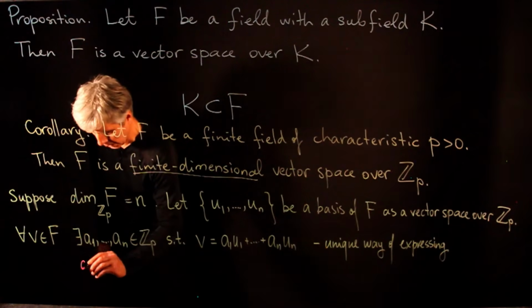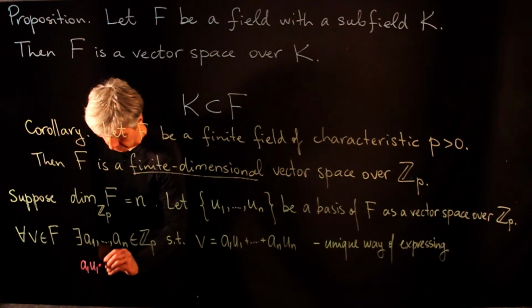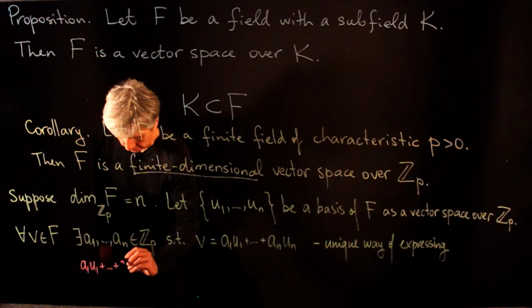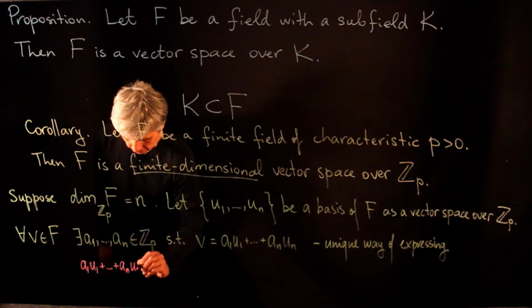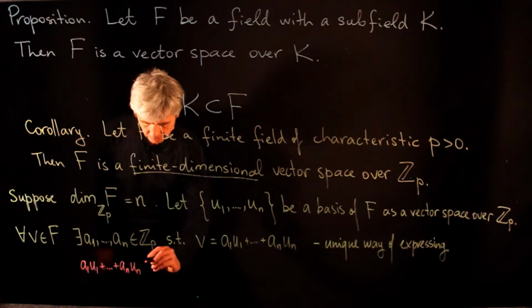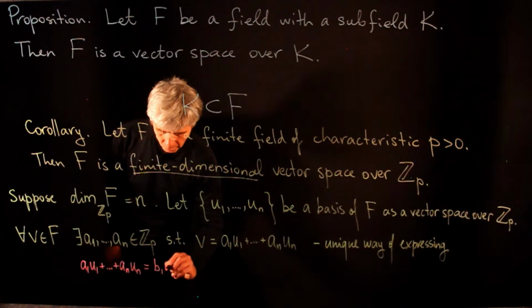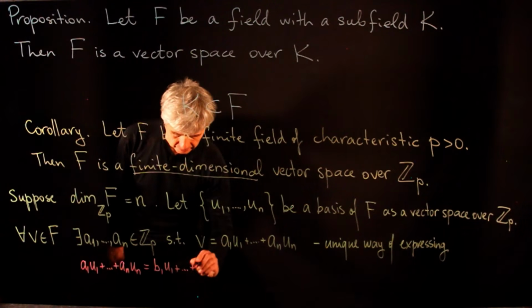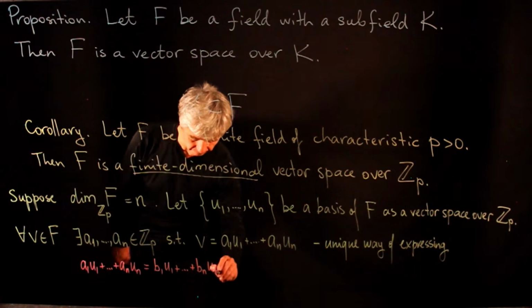Let's see what happens if we have two ways of expressing the same element in this form. So suppose we have this element, which is also equal to b1 u1 plus ... plus bn un.